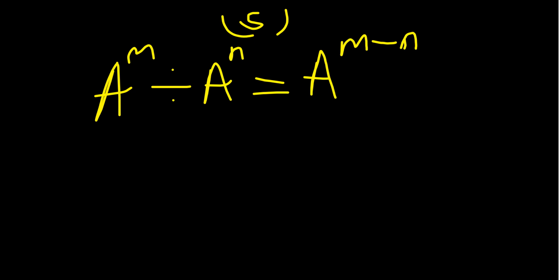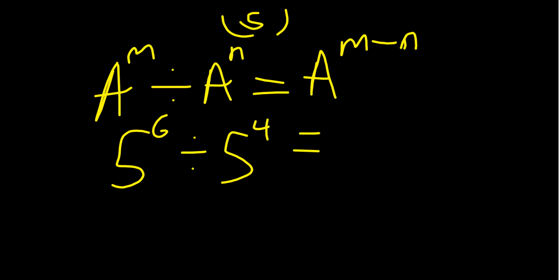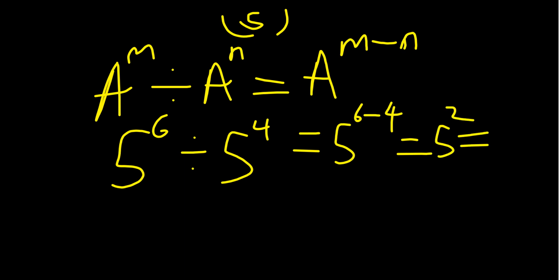So subtract the exponents. Let's use real numbers. Maybe you have something like 5 raised to power 6 divided by 5 raised to power 4. This is equal to 5 raised to power 6 minus 4, which is equal to 5 raised to power 2, which is equal to 25.